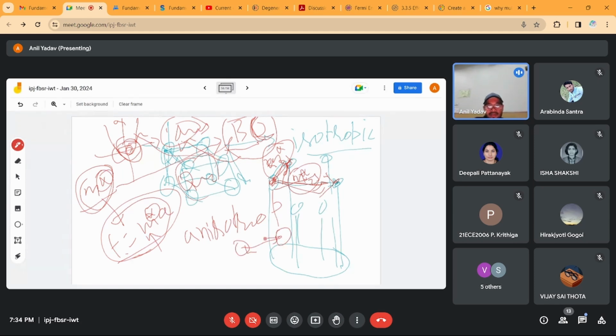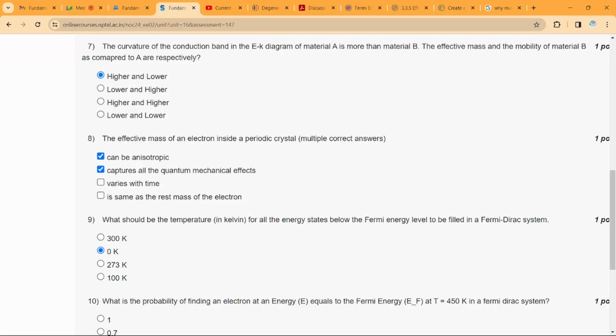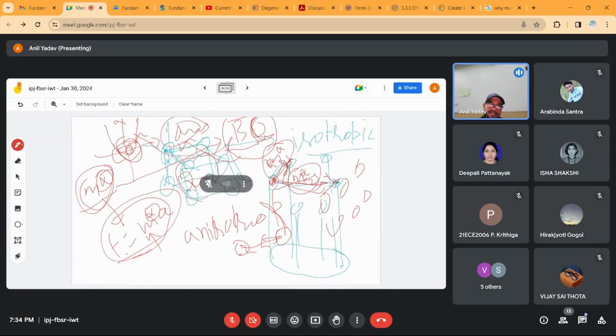If the atoms are moving inside a lattice, then only we can say the effective mass is changing. Is it the same as the rest mass of the electron? No, we have already discussed that, because of the interaction with the atoms, this cannot be the same, may or may not be.